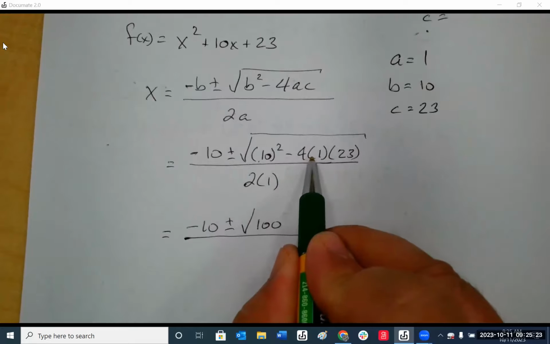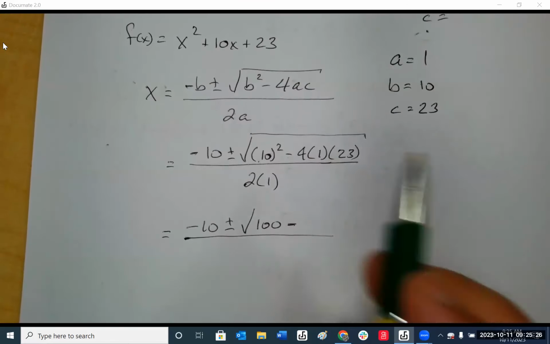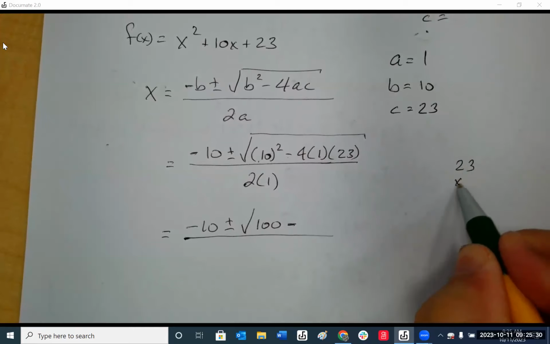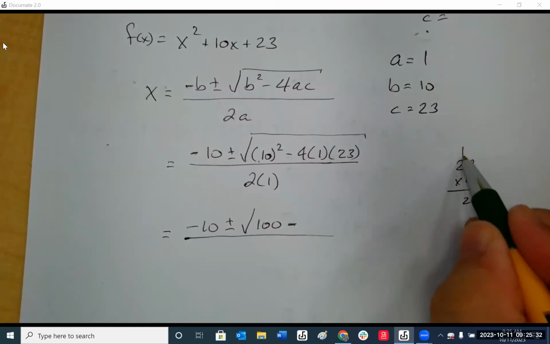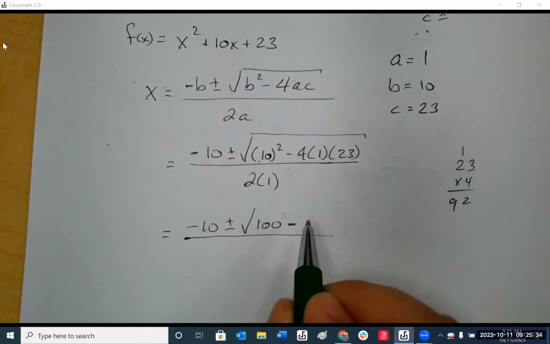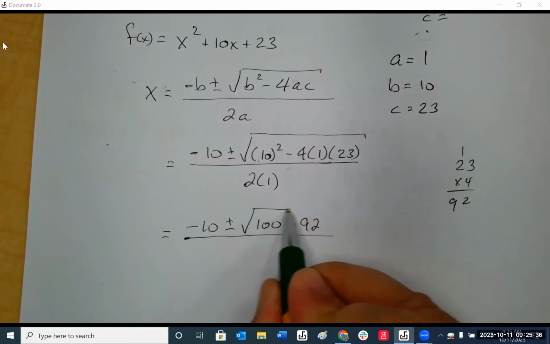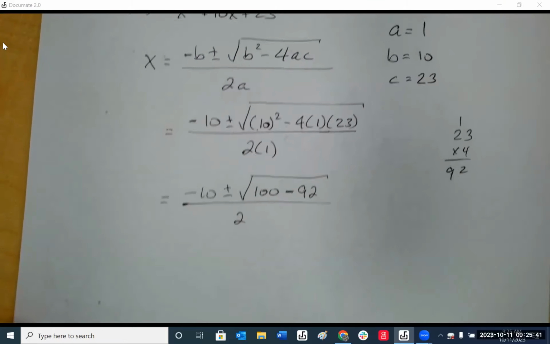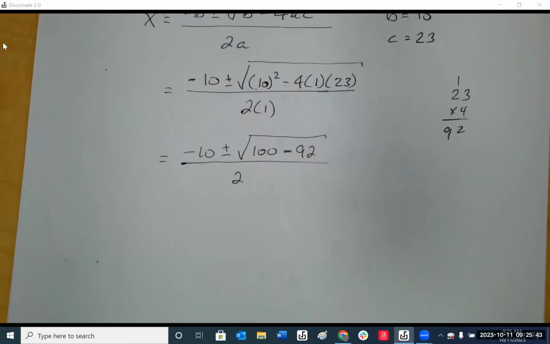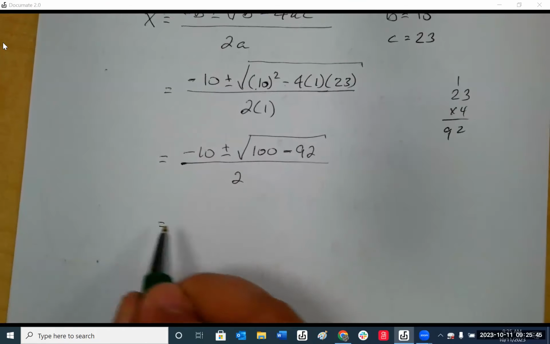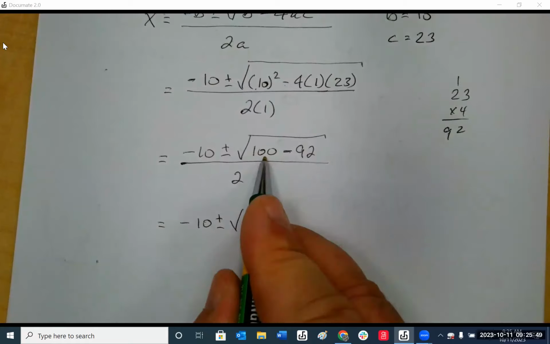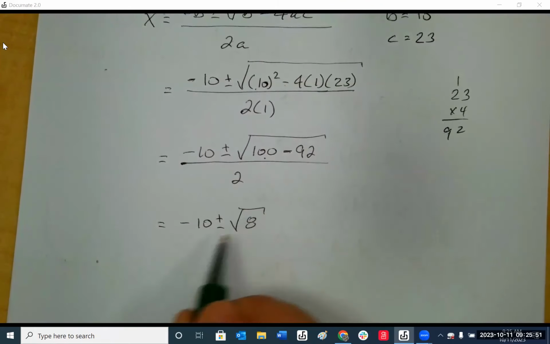Negative times positive is negative. 4 times 1 is 4. 23 times 4 is 92, over 2. 100 minus 92 is 8.